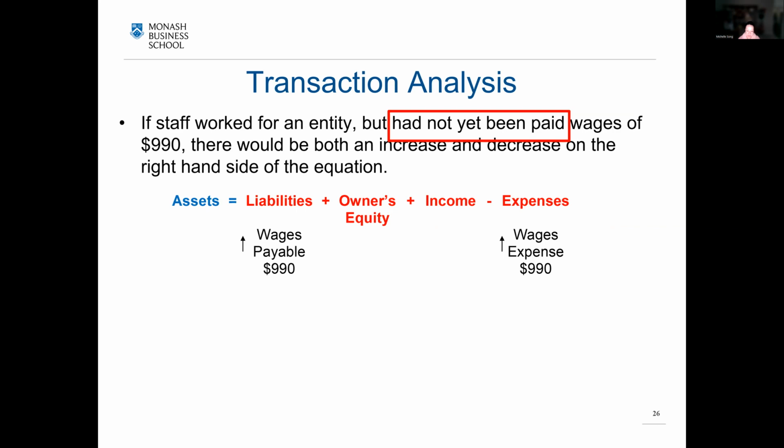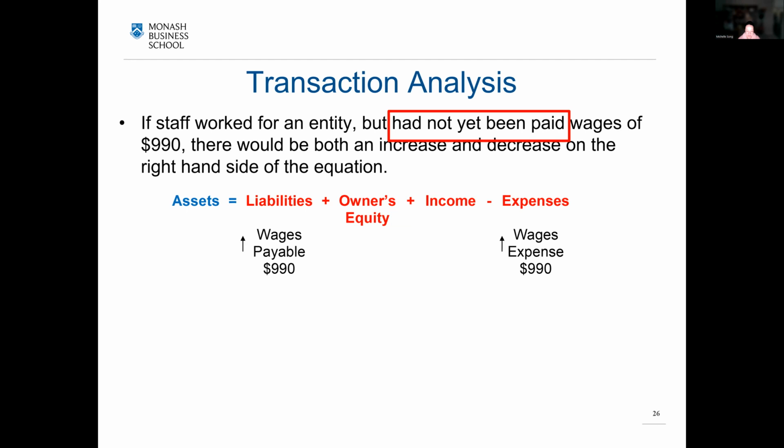If the economic benefits have been consumed, like in this case, where the employee worked for us but we have not paid them, then that becomes an expense instead of an asset. So the first account affected is wages expense.